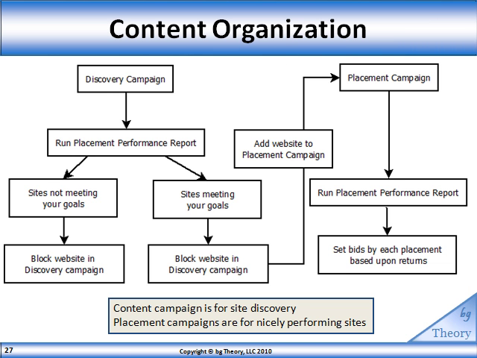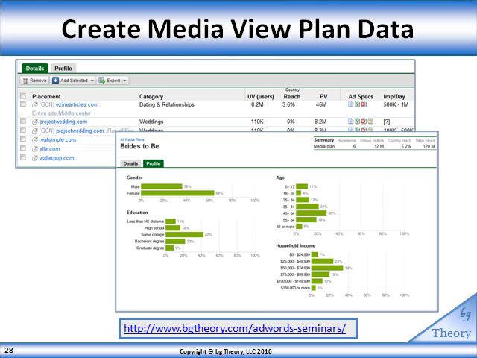We'll even give you flowcharts of looking through how you do content optimization, what's discovery campaigns, placement campaigns, so that over time, you're not just bewildered by the content network, but you have specific strategies to take home and work with this. Look at ways of even getting detailed information on specific sites. Where does your audience live online? So important to note. Then we'll figure out how you find where your audience lives so you can put ads in front of those specific individuals.